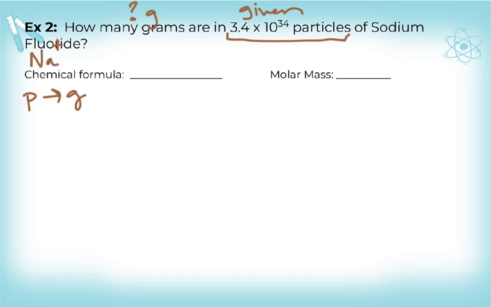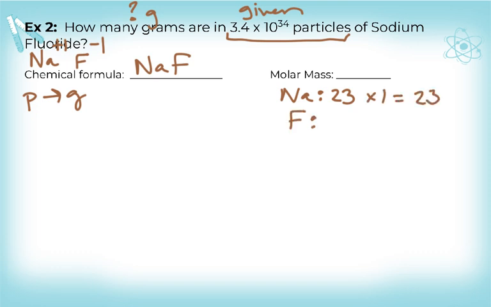Sodium has a +1 charge. Fluorine has a -1 charge. This is an ionic compound, so we're using our charges, and we're going to have 1 sodium and 1 fluorine in NaF. So finding our molar mass, sodium has a mass of 23, and I have 1 sodium.